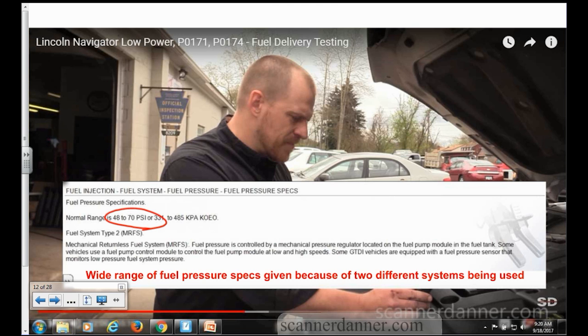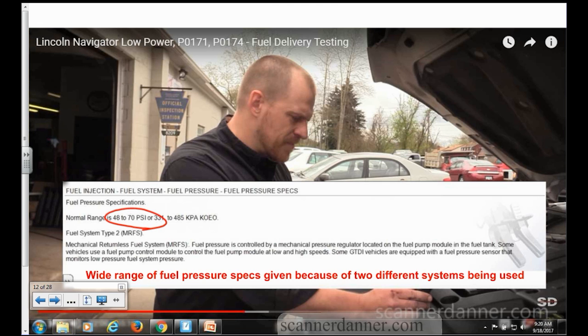Some vehicles use a fuel pump control module to control the fuel pump module at low and high speeds. Some GTDI vehicles are equipped with a fuel pressure sensor that monitors low pressure. So that would, I don't know why they're calling it a GTDI. What would be the abbreviation for that? It is an electronic returnless system. Okay, that's what that is describing.